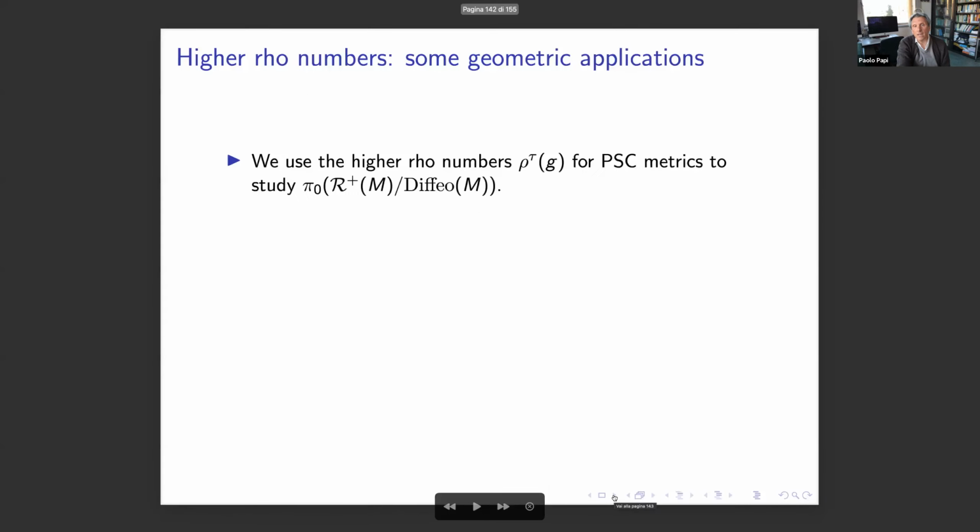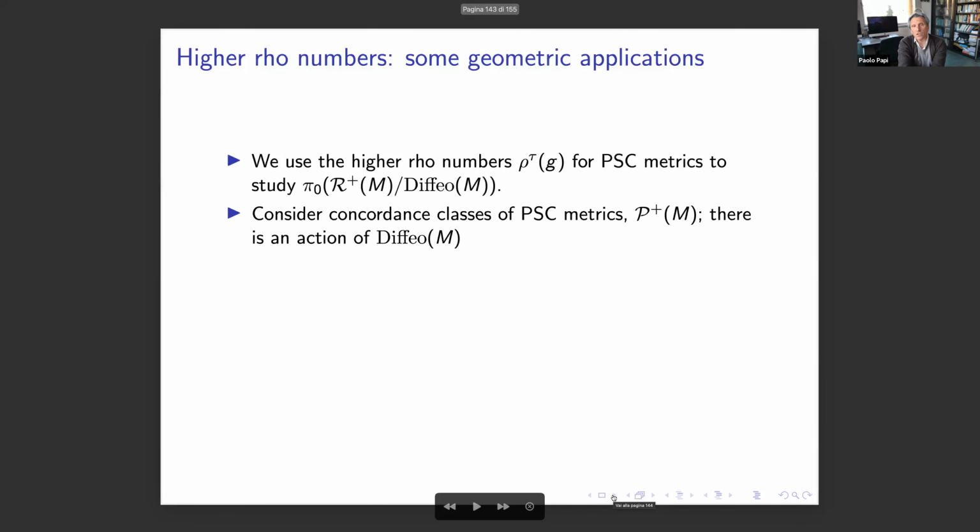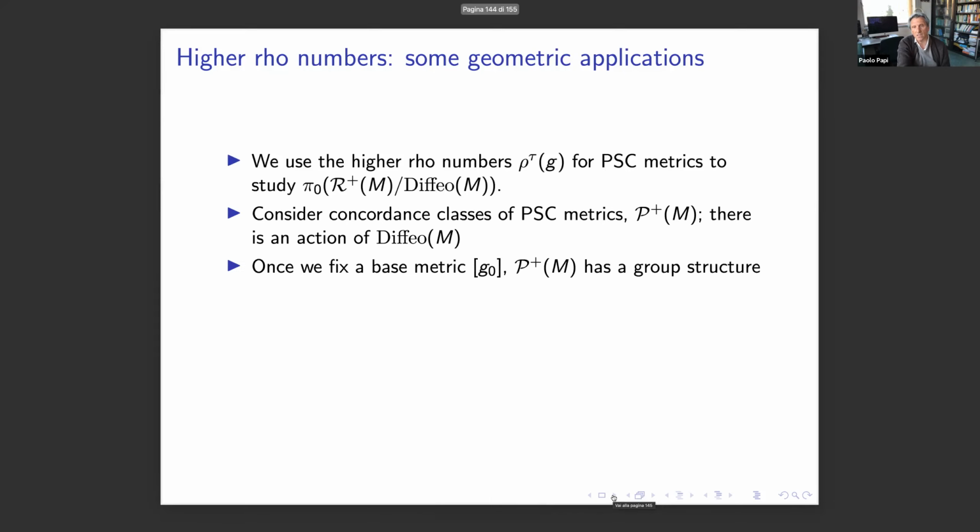And well, let me say maybe very quickly, because my time is over, 2 minutes, that we apply these to very specific problems with higher rho numbers. We take the concordance classes of positive scalar curvature metrics. We know that once we fix a base metric, this has a group structure.